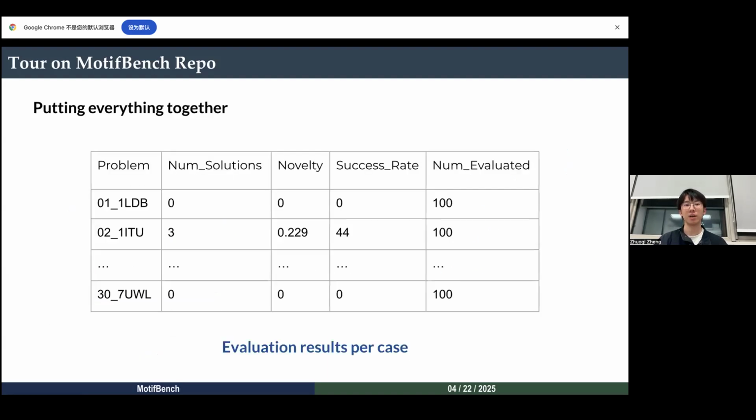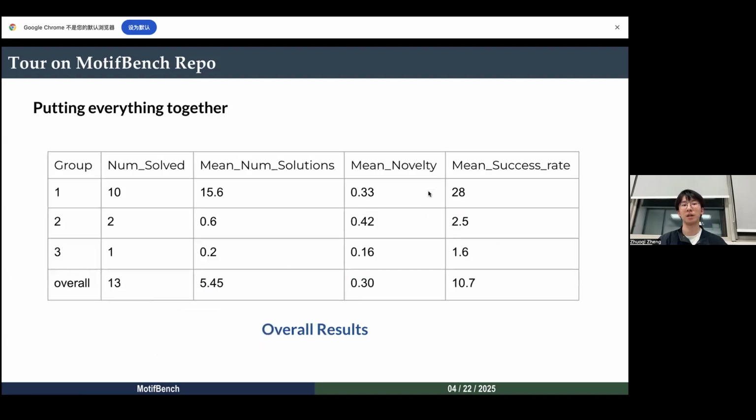After that, we automatically put everything together for the problems and for the metrics like the number of solutions, and we have a summarized file for that. For each group of 10 cases, how many problems do we solve, and the main performances within each group, to see how the method could be improved further based on the different kinds of performances within each group.